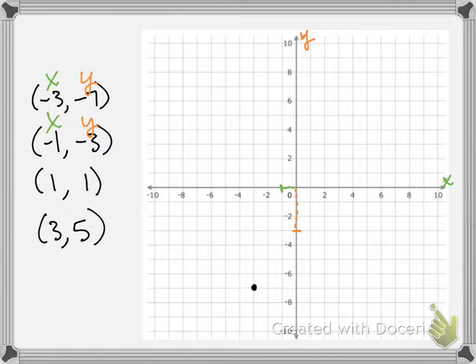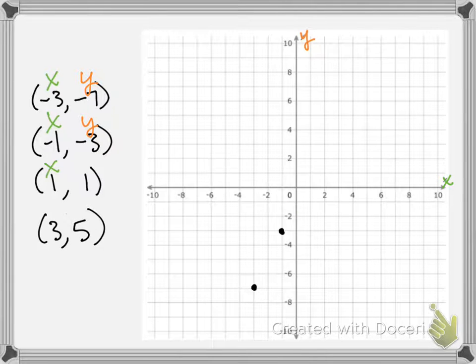I'm going to use my guidelines to go across from -3 and down from -1. I can see that these two guidelines are going to cross right here. So now I'm going to get rid of my guidelines. And I can move on to my next set of points.